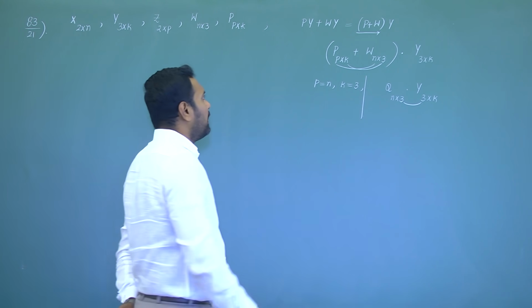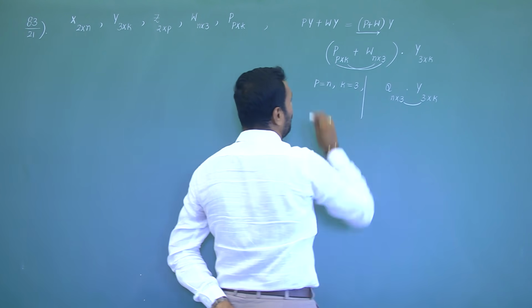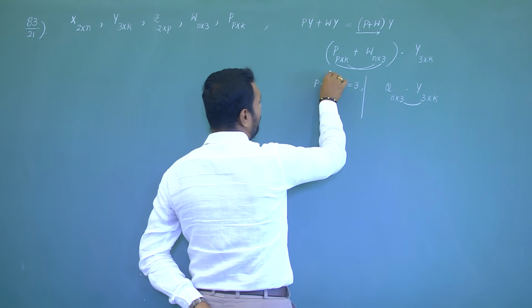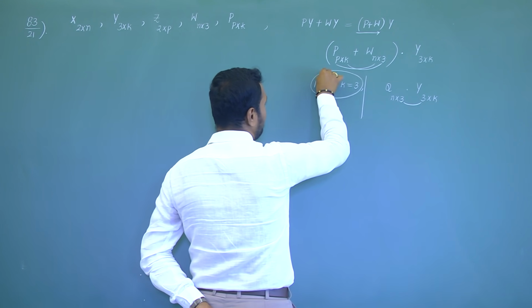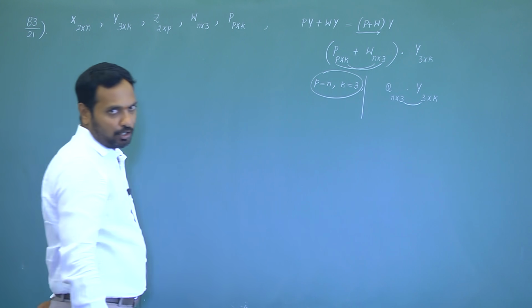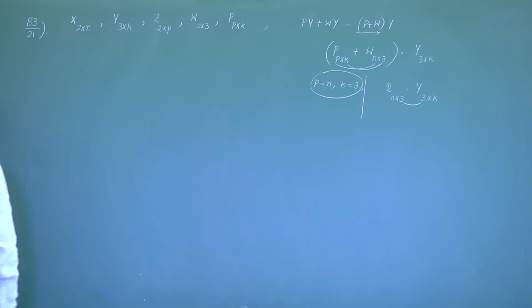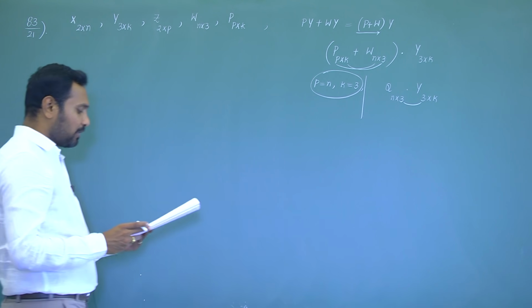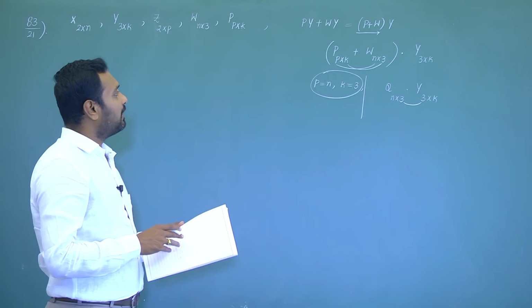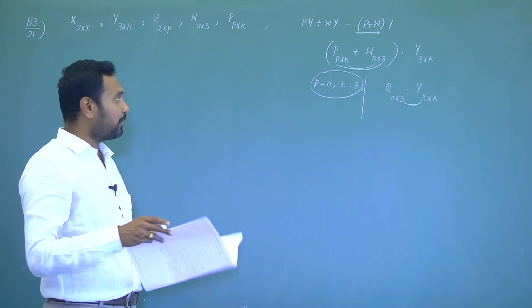So Py plus Wy is defined when P is equal to N and K is equal to 3. That will be present in the first option of the objective type question.